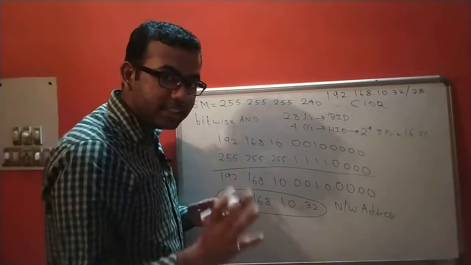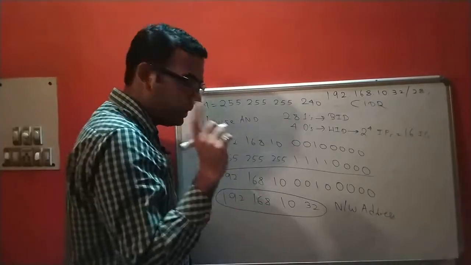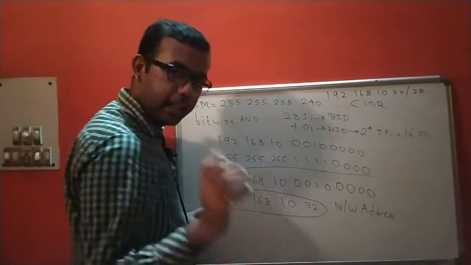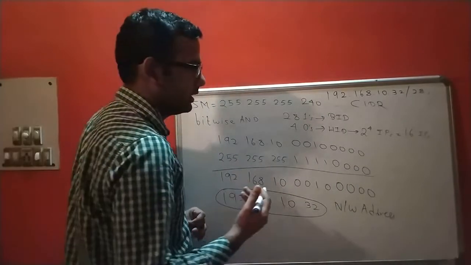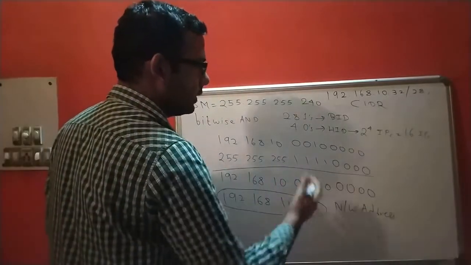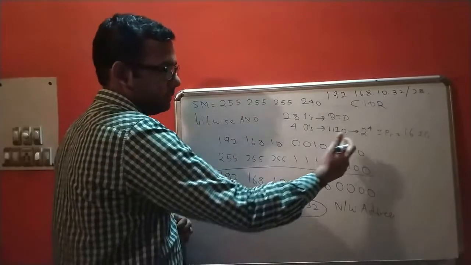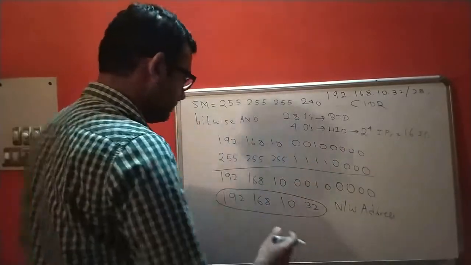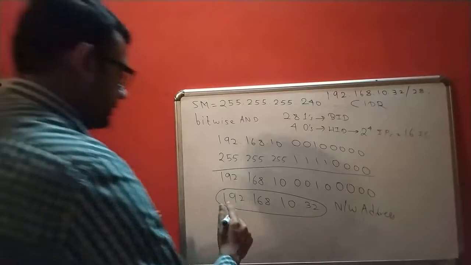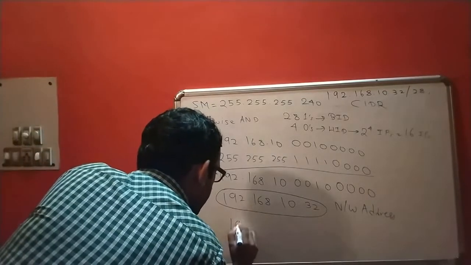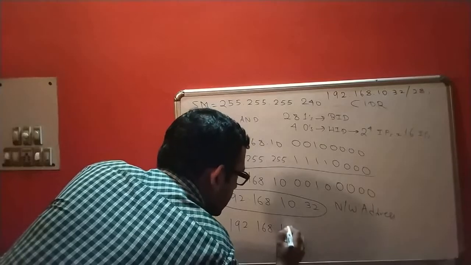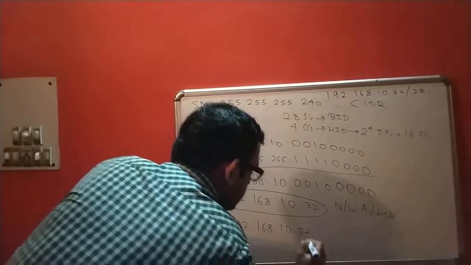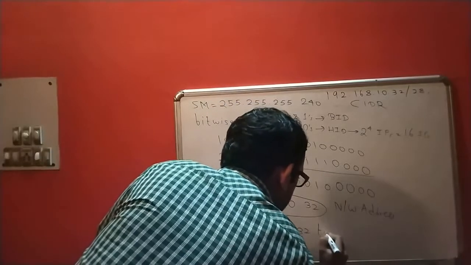Now out of these 16 IPs, the first IP address will be for the network address and the last IP address will be for the directed broadcast address. So what is the range that we are getting? Since it's 16 IPs, this is my first IP address, 192.168.10.32.